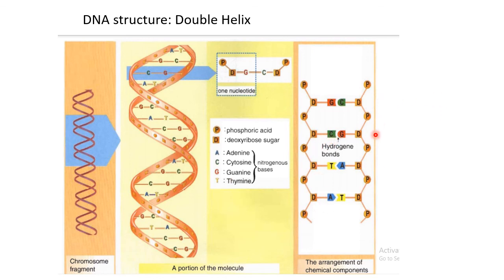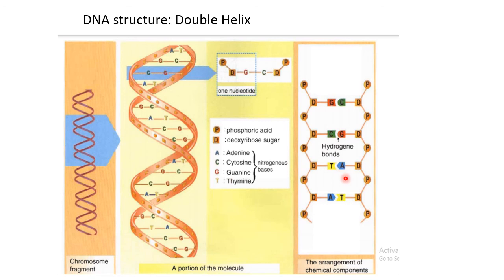On the facing strand, we have also phosphoric acid, deoxyribose sugar, and a base from the four bases, but you should know that G pairs with C, forming a base pair. Here C with a G by hydrogen bond. But T pairs with A. This is also by hydrogen bond.